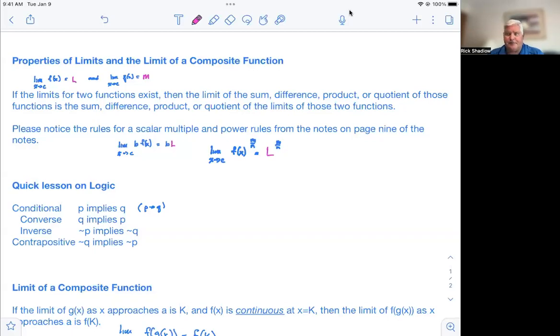Hello, AP Calculus students. Today we're looking at a case in Unit 1, from properties of limits, and also the limit of a composite function, with a couple of side reminders for you as well. In particular, we're looking at days from the notes.